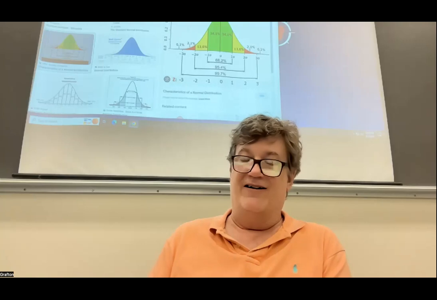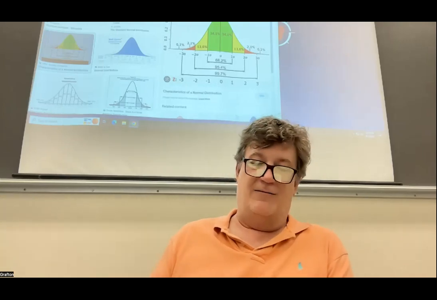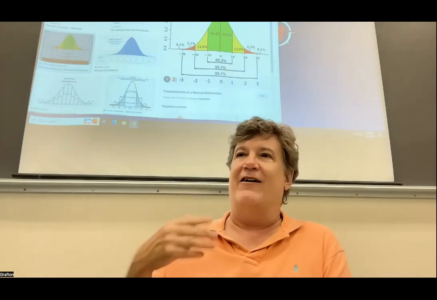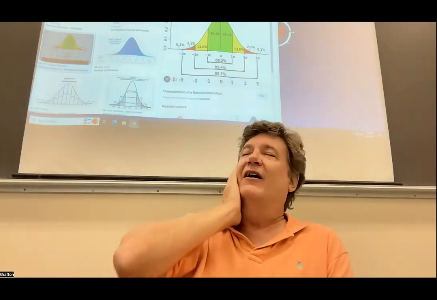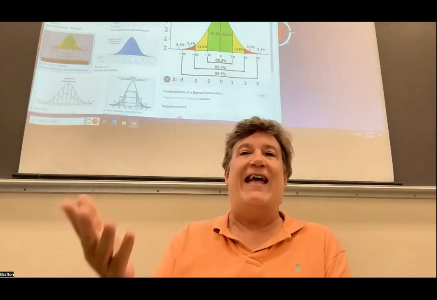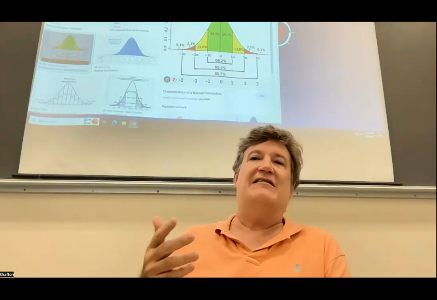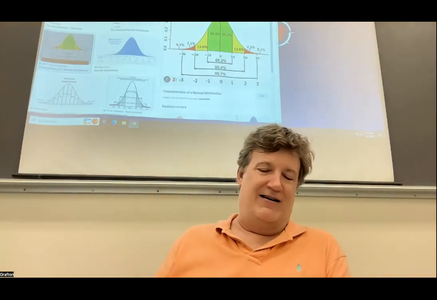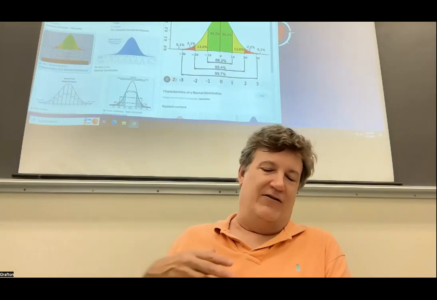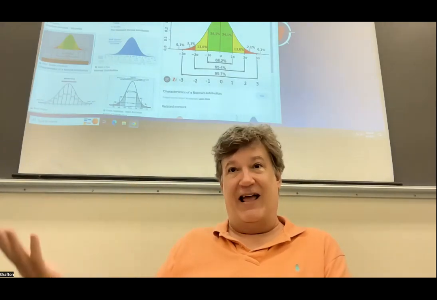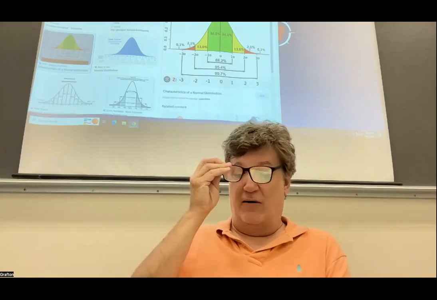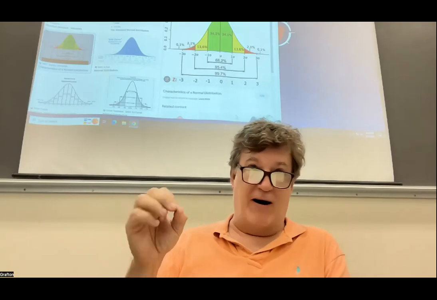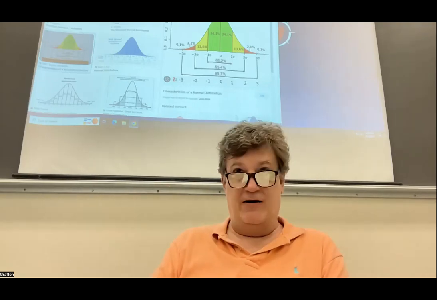So nominal actually comes from Greek or Latin, I forget which one, but noma means to name. Okay, so that's how I remember it. Even nominal sounds kind of like naming. So basically, a number represents a category.